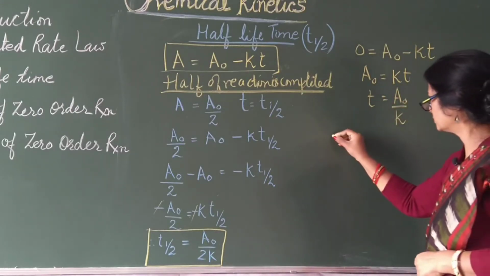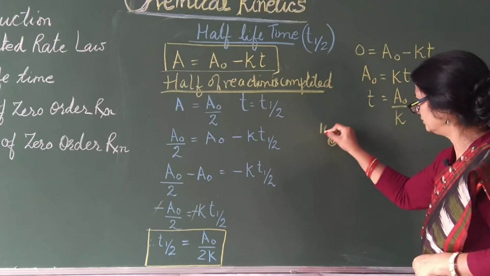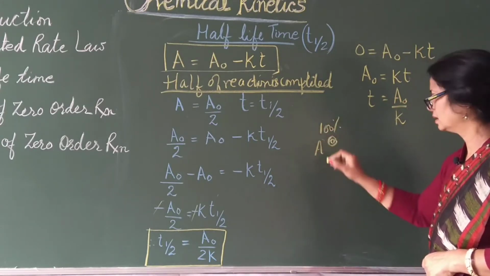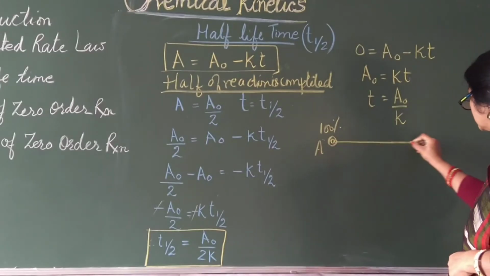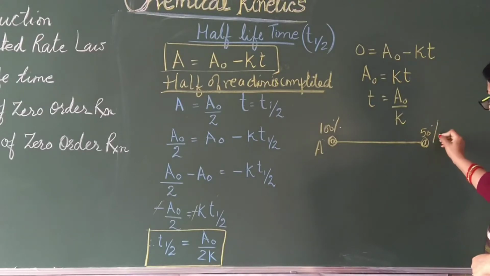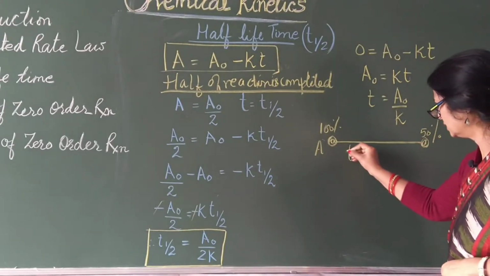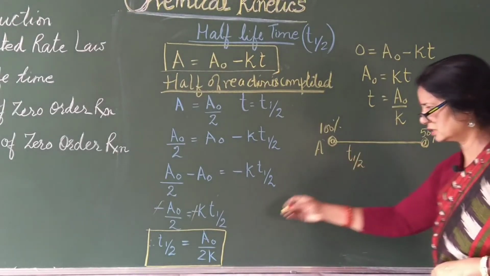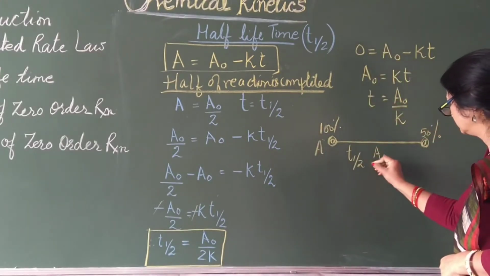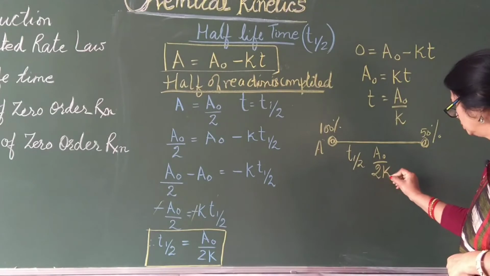This means suppose we start a reaction here, we are having 100% of this A, and suppose 50% of the reaction is completed, then the time taken is how much? We have just now calculated, it is A naught upon 2k.